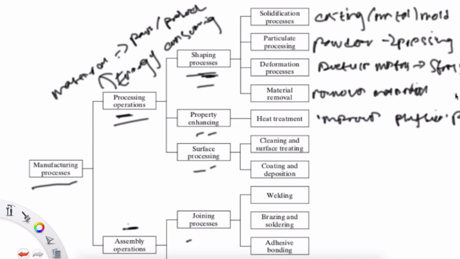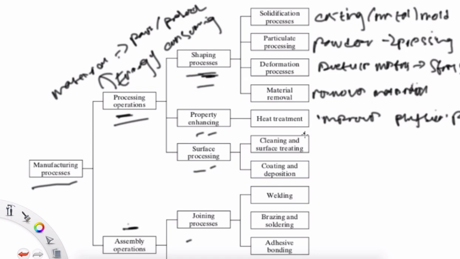It is a controlled heating and cooling of metal to alter the mechanical properties without changing the shape. So we cannot change the shape, because in heat treatment we don't change the shape of the previous product after the material removal.